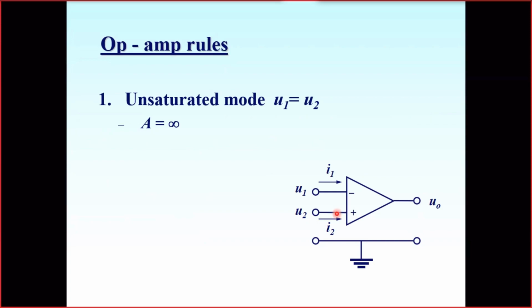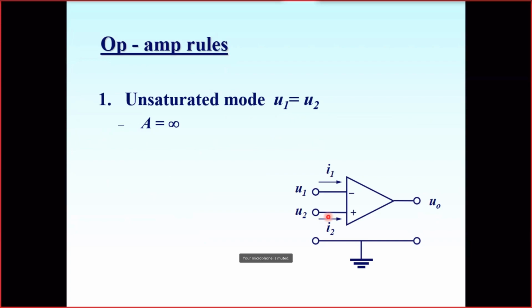When the voltage U2 is higher than U1, the output voltage will be positive and maximal possible. So it goes to positive saturation. When the voltage U1 is higher than U2, so the inverting input has a high voltage, the output will be negative, dropped down as low as the negative power supply, and nothing else happens.